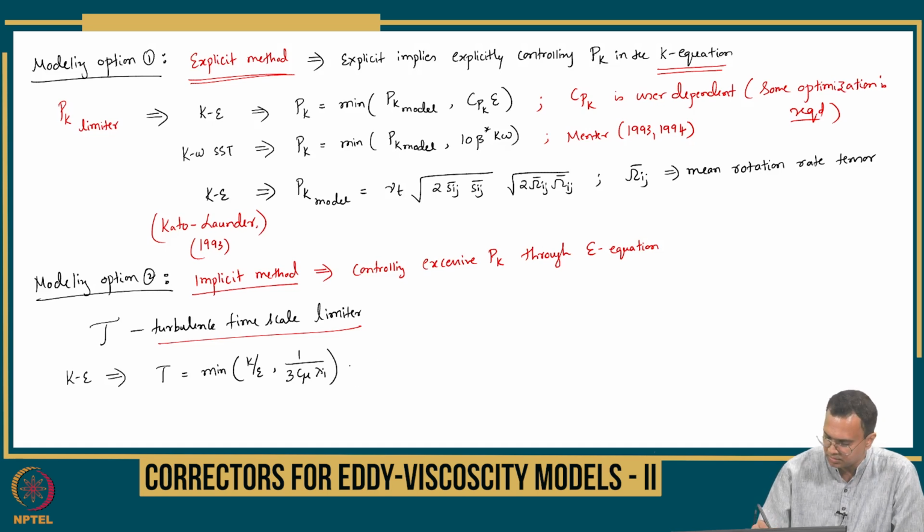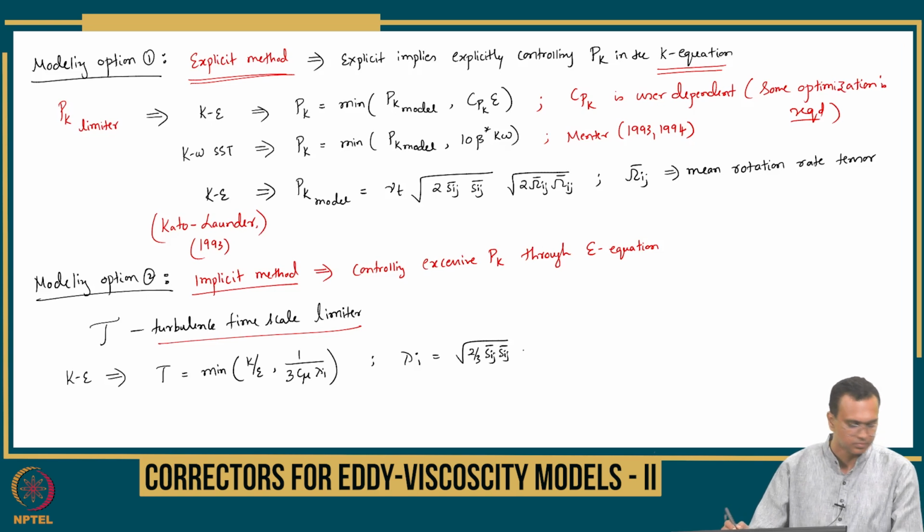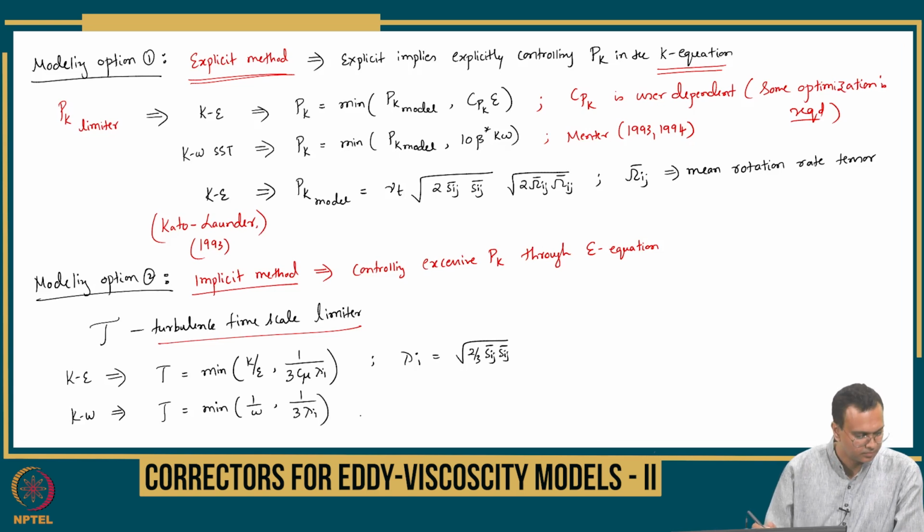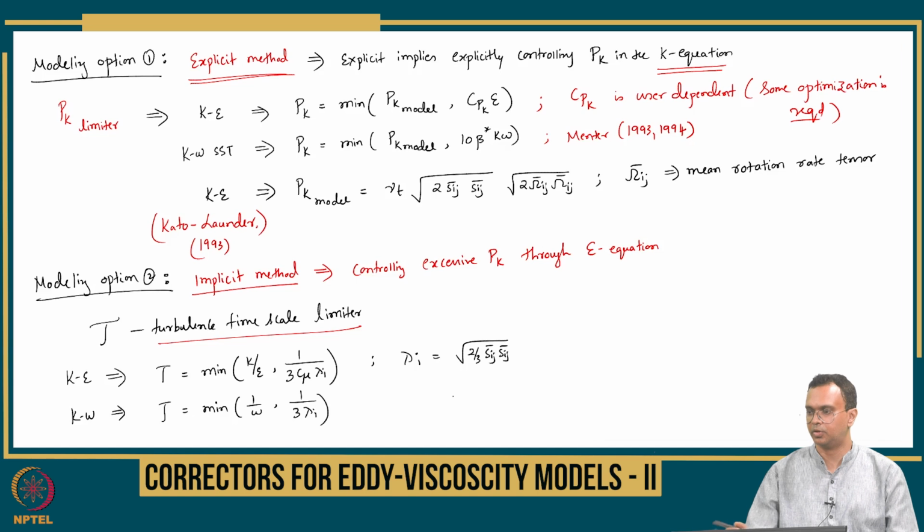So that you can use here, lambda_I. Okay, the lambda_I is the square root of 2/3 Sij bar Sij bar, or for a k omega model, it will be the minimum of 1 by omega or 1 by 3 lambda_I.